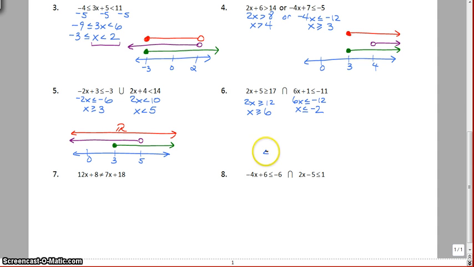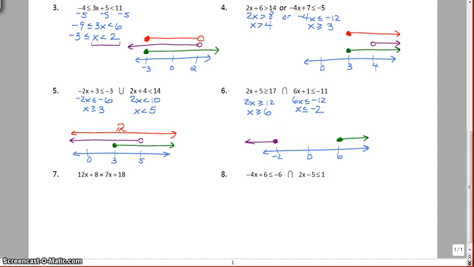So we have our number line. Negative 2, 0, 6. First one, x is greater than or equal to 6. X is less than or equal to a negative 2.